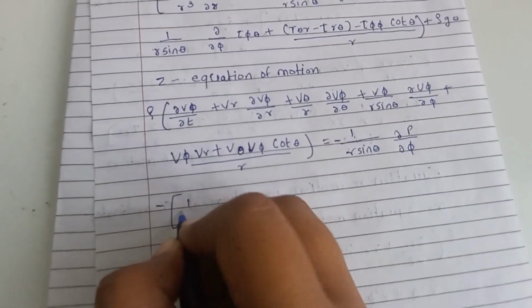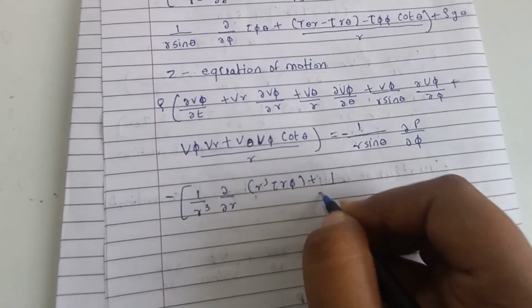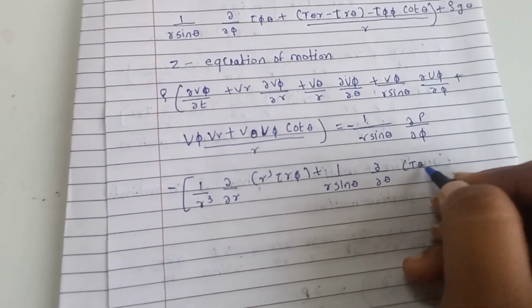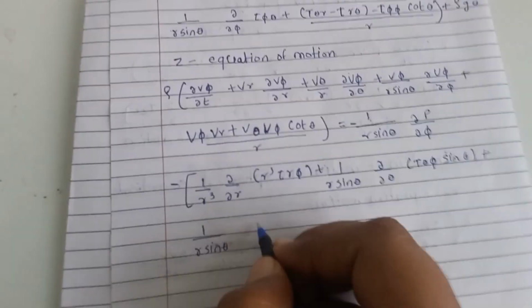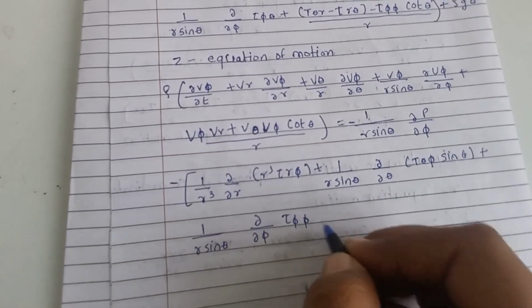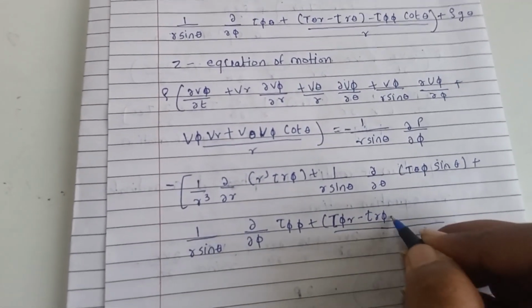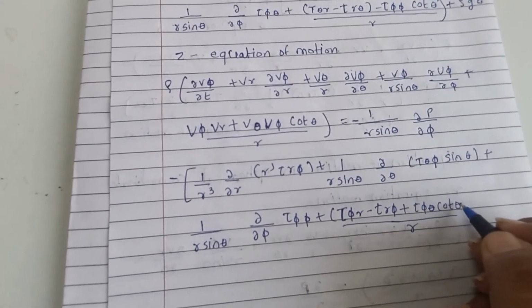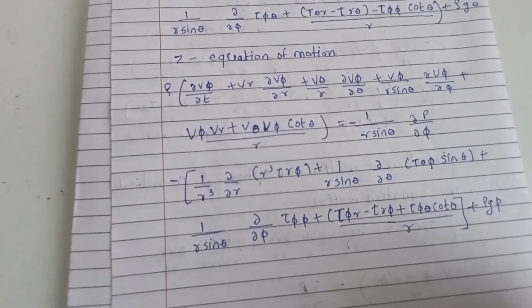Minus 1 upon r cube into del by del r of r cube into tau r phi, plus 1 upon r sin theta into del by del theta of tau theta phi into sin theta, plus 1 upon r sin theta into del by del phi of tau phi phi, plus tau phi r minus tau r phi plus tau phi theta into cot theta upon r, plus rho g phi, that is density into g phi, the force acting in the phi direction, as we are taking the phi equation of motion.